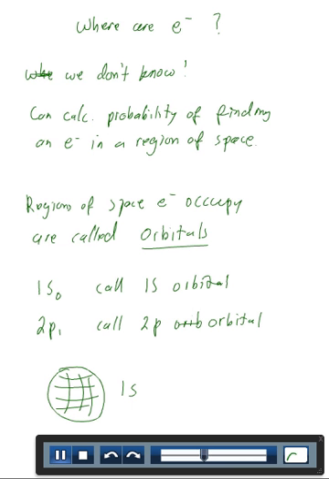So we might draw the sphere so that 70% of the time the electron is within that sphere. The other 30% it's outside of the sphere. Depending on what probability we want to pick determines how big or little the orbital is in our drawing. So s orbitals are spherical.